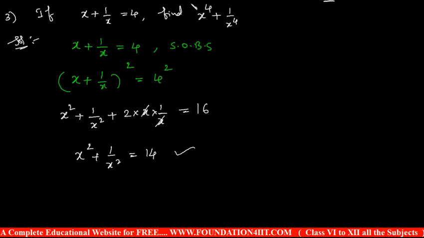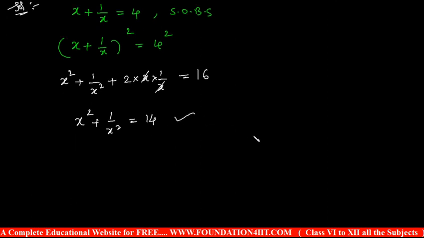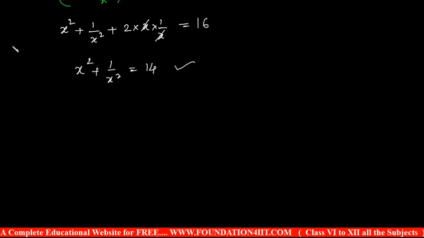Because we need to find x power 4 plus 1 by x power 4, now that I have x square plus 1 by x square equal to 14, we do squaring on both sides again. x square plus 1 by x square whole square is equal to 14 square.